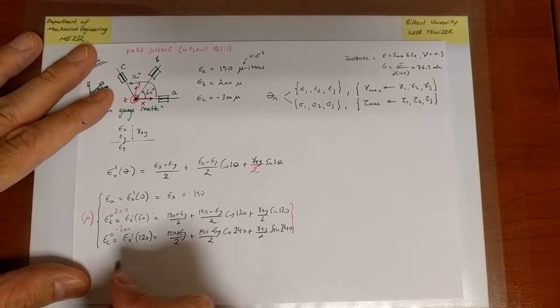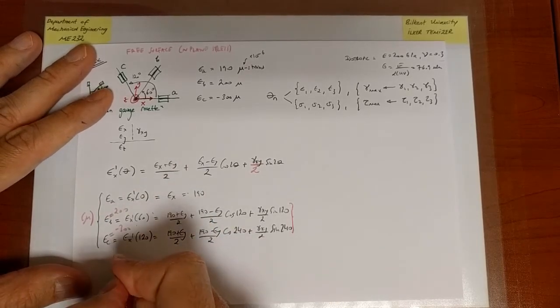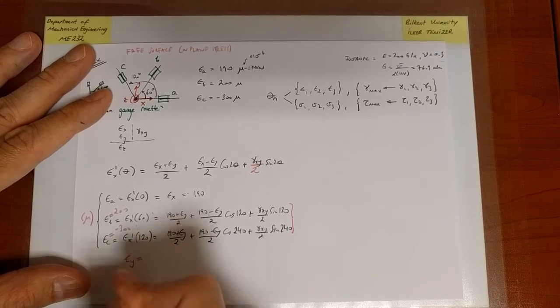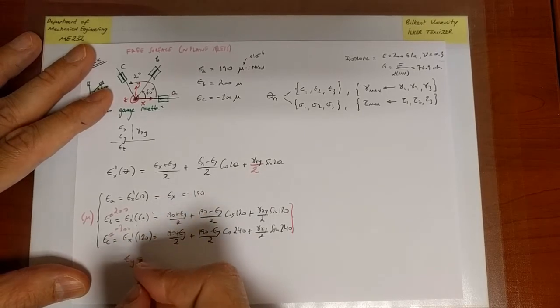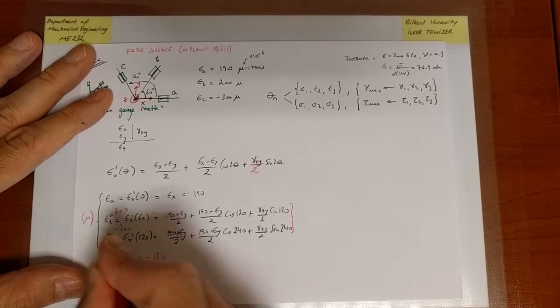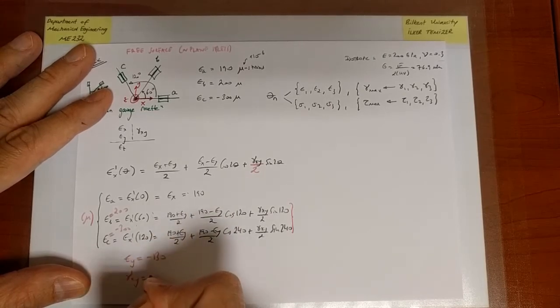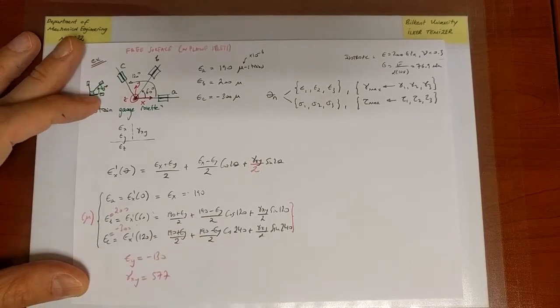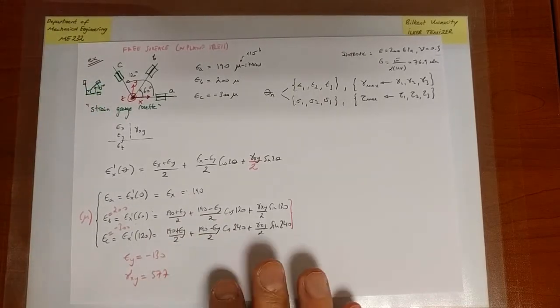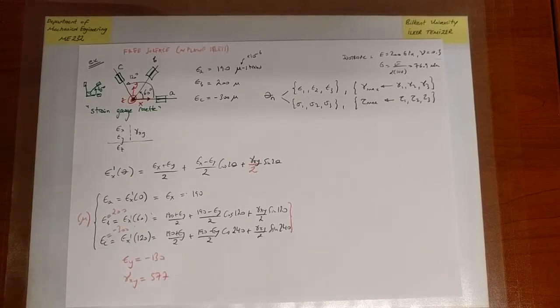So these together will deliver me the result that epsilon y is equal to minus 130 microstrains and gamma xy is equal to 577. Okay, and that is what I meant with the equations applying in exactly the same way.